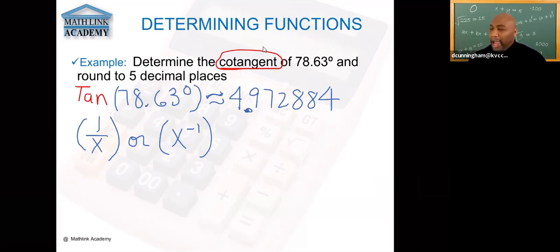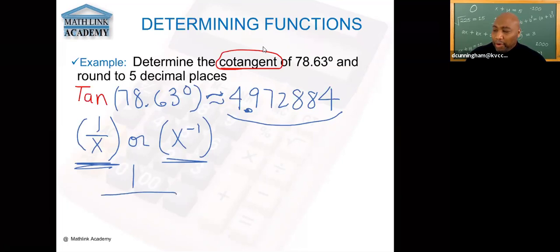You can use either this key or this key on this number up here. In essence, you're saying 1 over 4.9724. If you want to do that on your calculator, you can also do 1 divided by that, using a division sign.